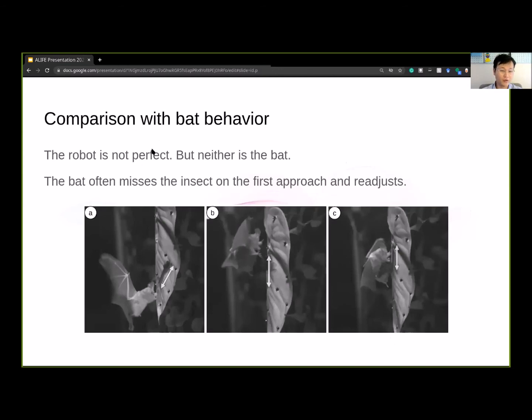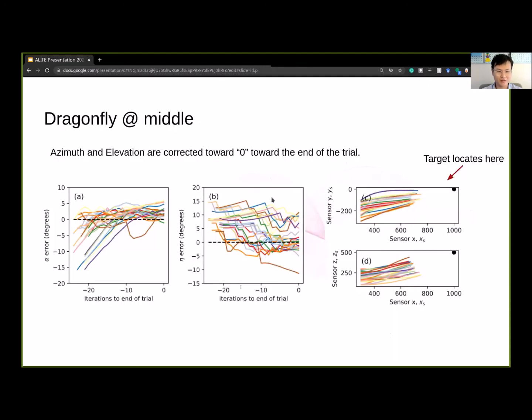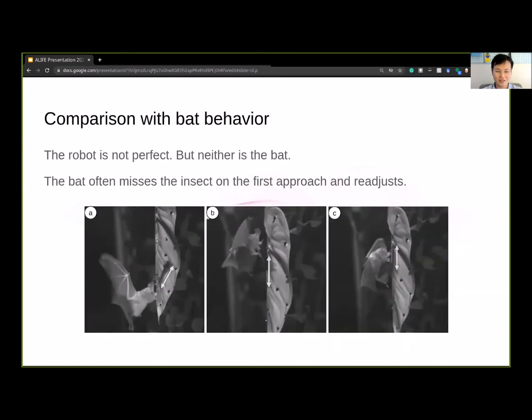Then we ran through some of the videos that we had before to compare the robot behavior with bat behavior. As you can see in this slide, the azimuth estimation is not very correct. So does the bat. When we see the video, on the first try they always make some mistake, but then they try to correct it on the second approach.